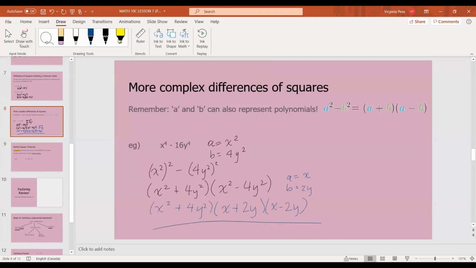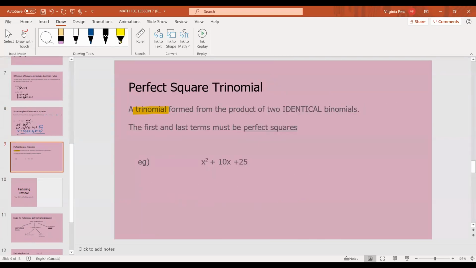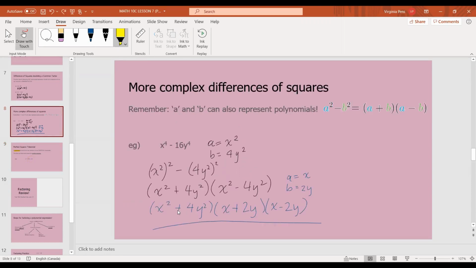In a difference of squares, it is not. In a difference of squares, it's a binomial. So a perfect square trinomial is basically what happens when you replace the negative in a difference of squares with a positive.